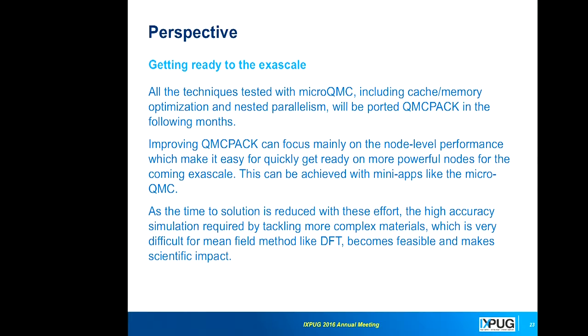As I mentioned, the QMC algorithm is easily parallelized, so you mostly only need to deal with on-node optimization, and so it's easy and simple for us to improve the code. Yeah, that is mainly my talk.